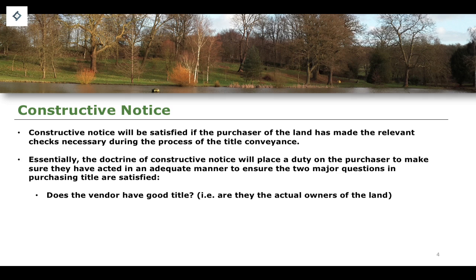And then the second question is, are there any third-party interests which may bind said purchaser? And these are two duties and burdens which are placed on the purchaser to find out themselves in the process of purchasing, whether it is registered or unregistered title.